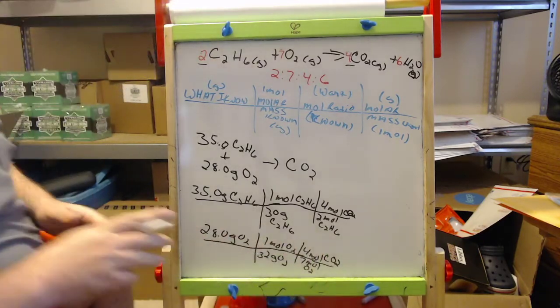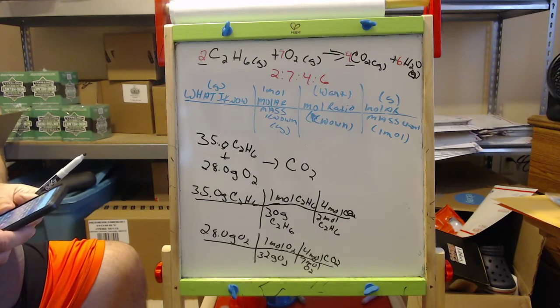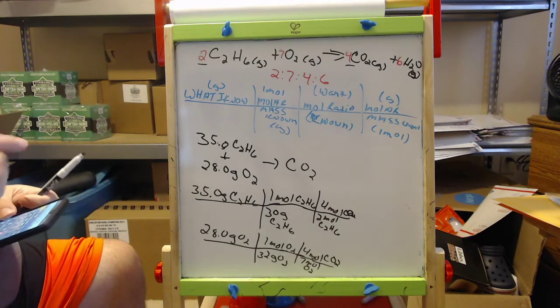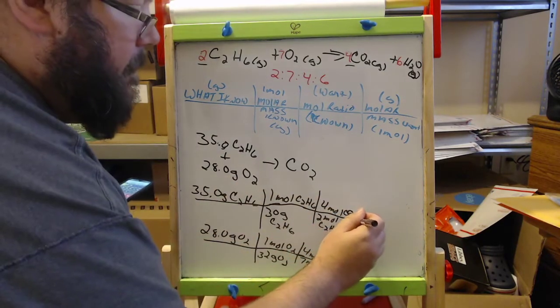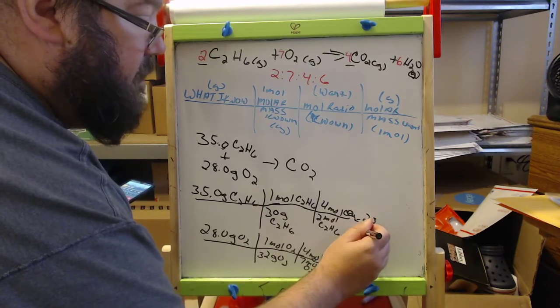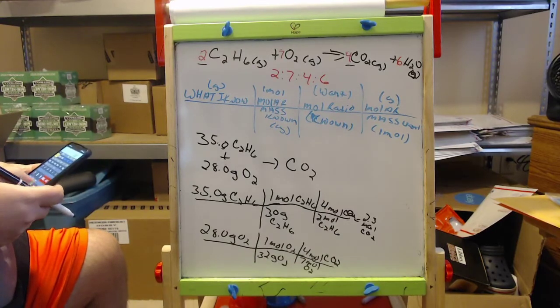And now we do the math. We do 35 divided by 30 times 4 divided by 2, and over here I get 2.3 moles of CO2. Down below, 28 divided by 32.